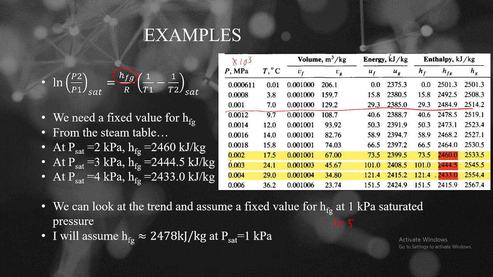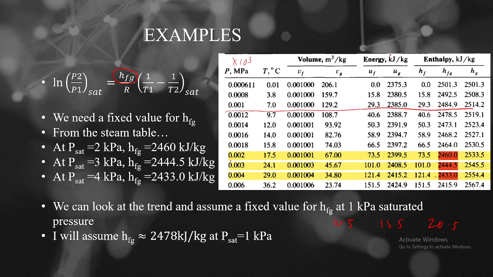From 3 kilopascal to 2 kilopascal, we have a difference of about 15.5, right? So we see that the increase is about 5, right? So I can safely assume that from 2 kilopascal to 1 kilopascal, my difference could be about maybe 20.5, right?